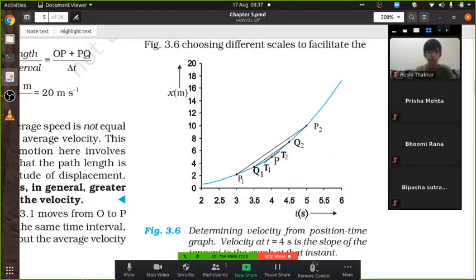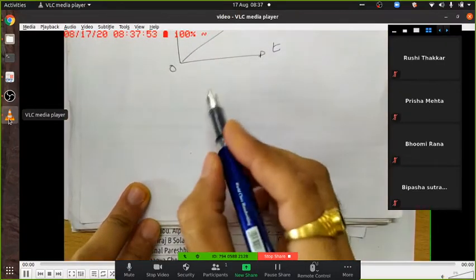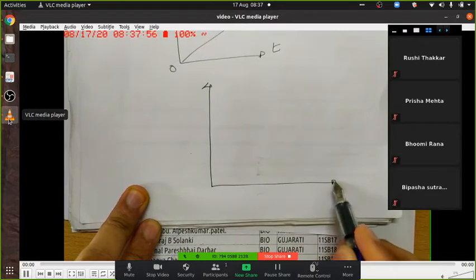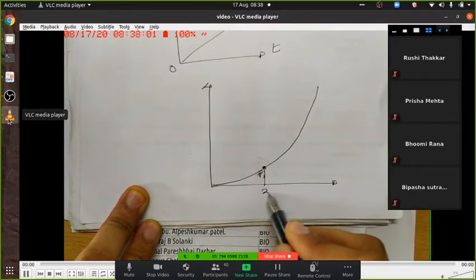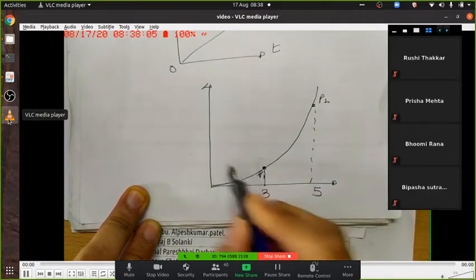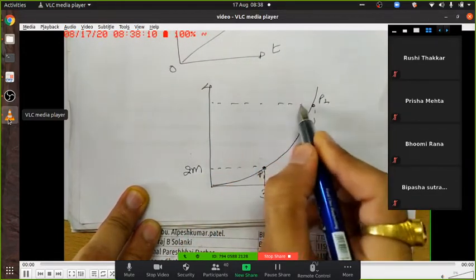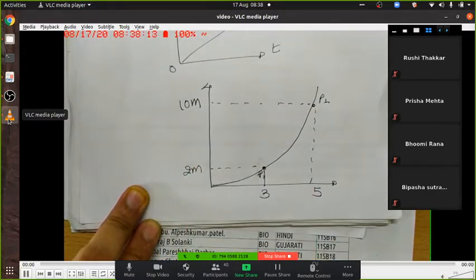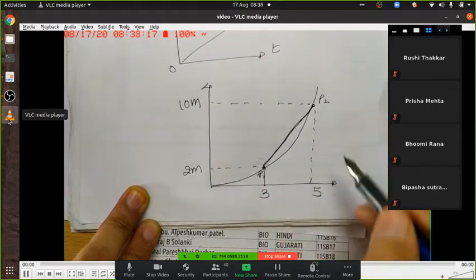Now see here, this duration is a long duration or short duration. The graph is like this. I consider P1, which is at 3 seconds. This is P2, which happened at 5 seconds. This distance is 2 meter and this distance is 10 meter. If I connect P1 and P2, I can find the slope.